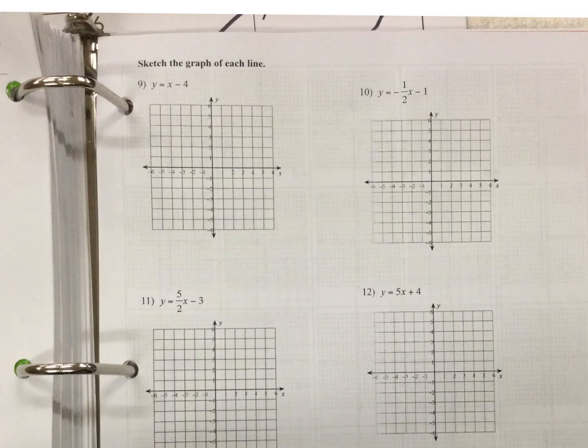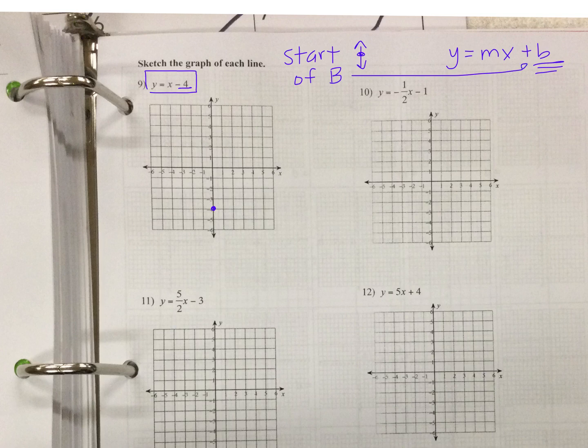On 9 through 13, you're just supposed to look at this equation and graph it. So the b is negative 4. That means I start down here. So you always put a dot on the up and down line at the b. And we have y equals mx plus b. So it always starts with that b one.